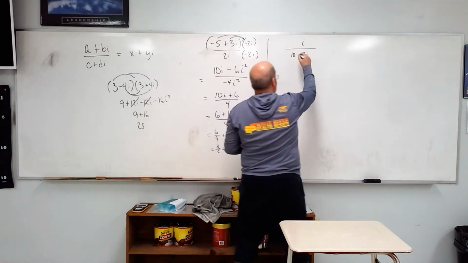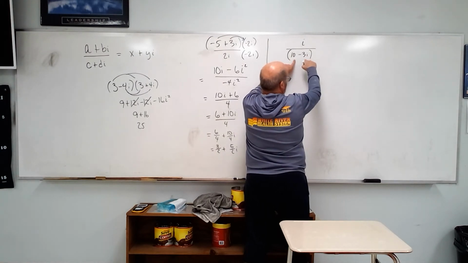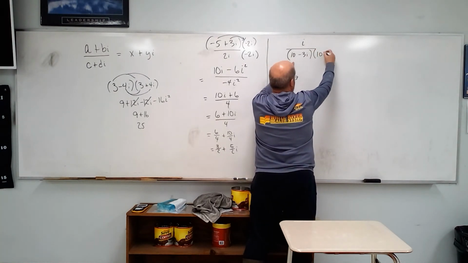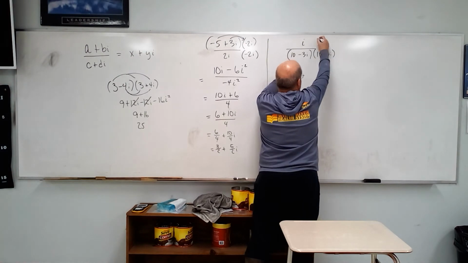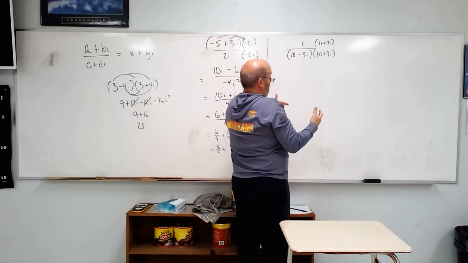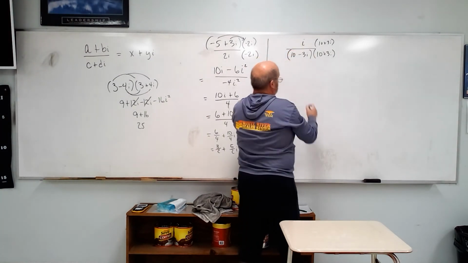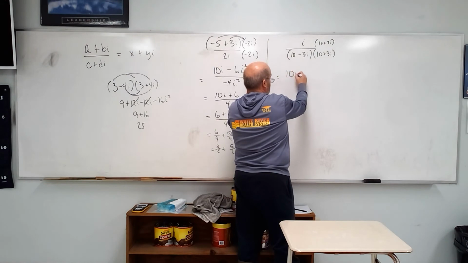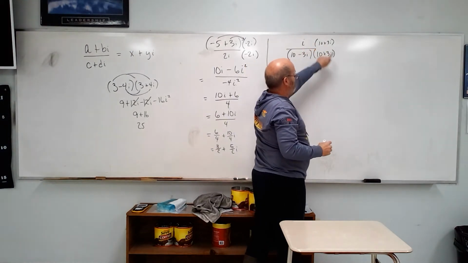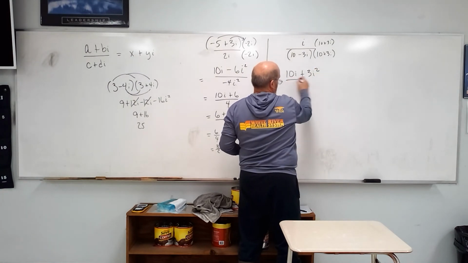So I'm going to multiply the numerator and denominator by the conjugate of the denominator, 10 plus 3i. Now, distributing the numerator is easier, so I'm going to distribute i times 10 and get 10i. I multiply i times positive 3i, I get plus 3i squared.